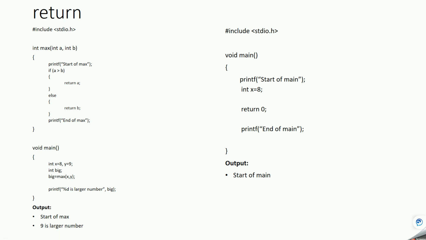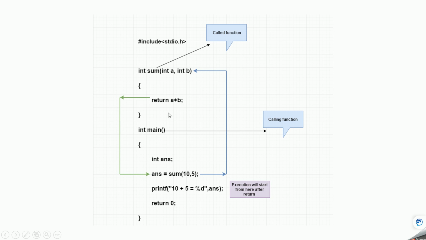Let's see it by a diagram. We have a function main here, and we have a function sum here. What we want to do is calculate the sum of two numbers a and b. We are trying to calculate the sum of 10 and 15.